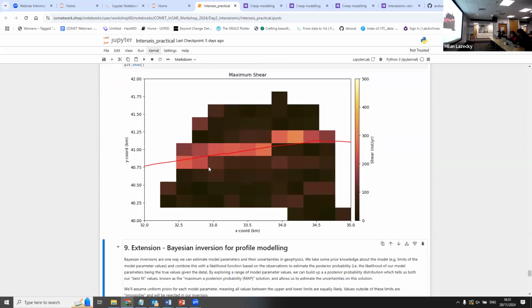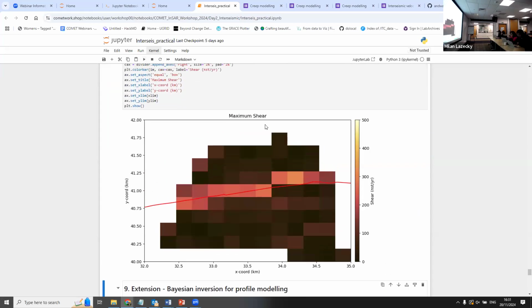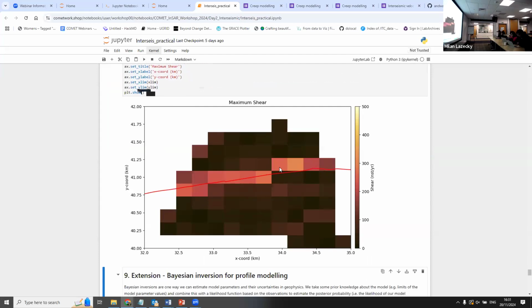Then you can get your maximum shear strain rate map like this. You can see that the location of the high strain rate is very close to the surface fault trace. So you can say that the strain is mostly focused on the fault.